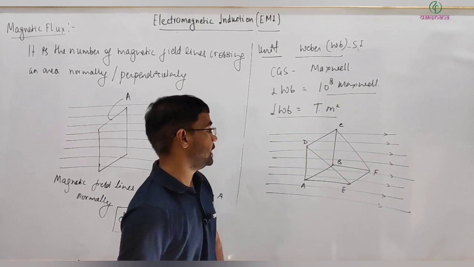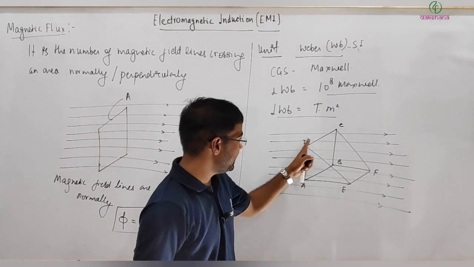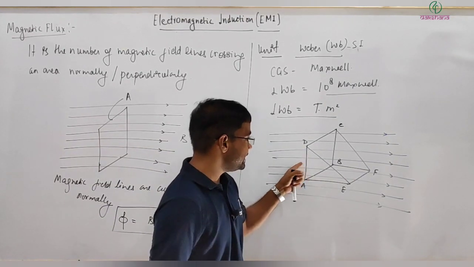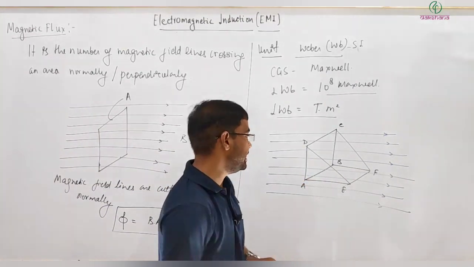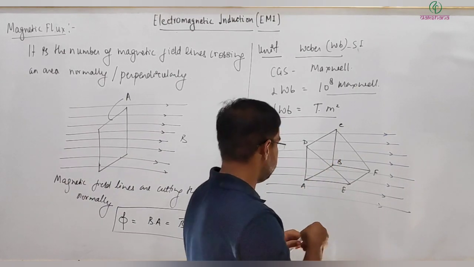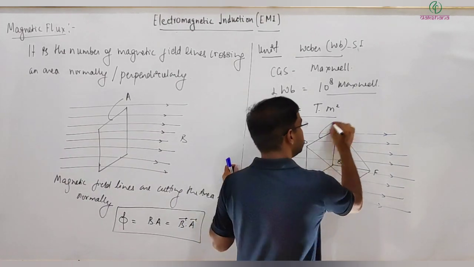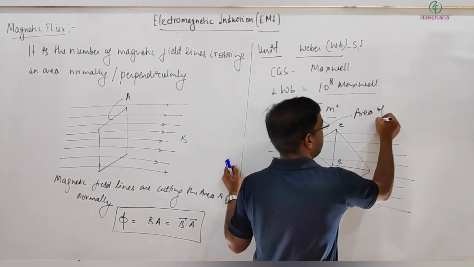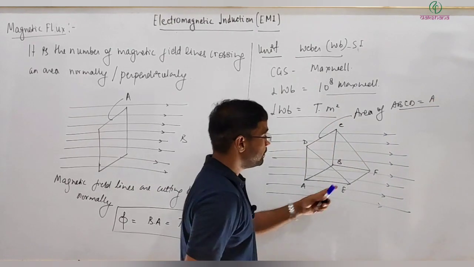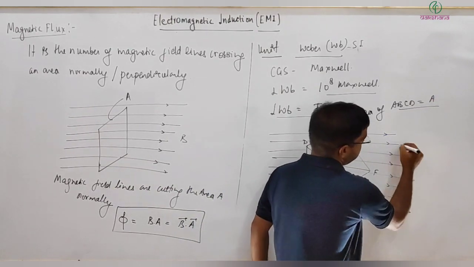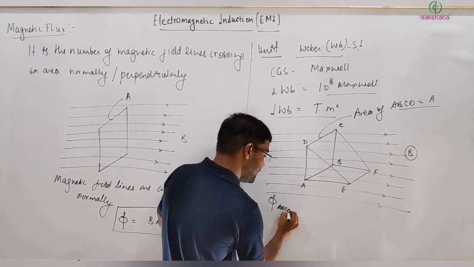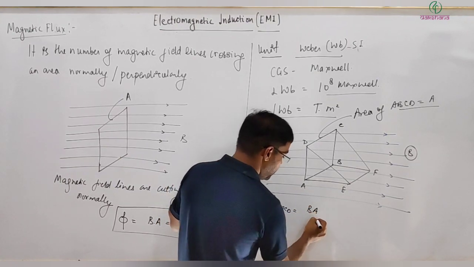For plane ABCD, these magnetic field lines are crossing it normally. Let's say the area of the plane ABCD is capital A, and the magnetic field strength is capital B.